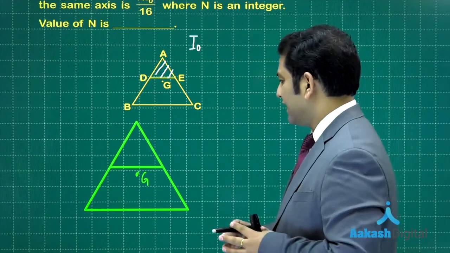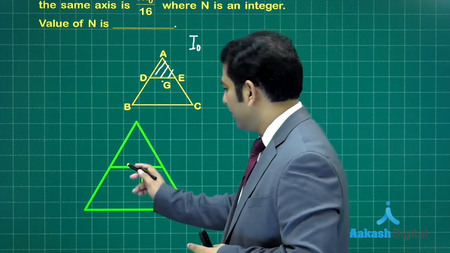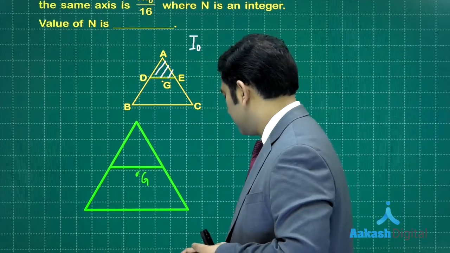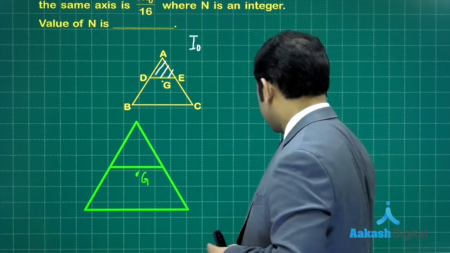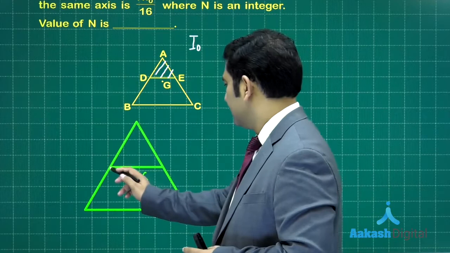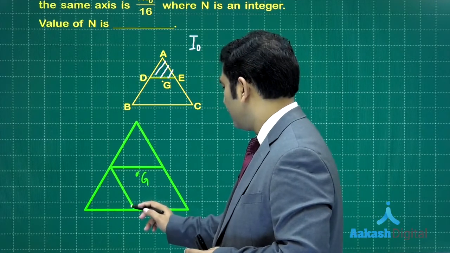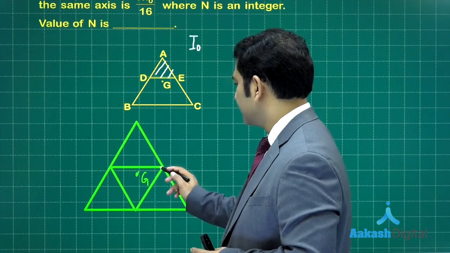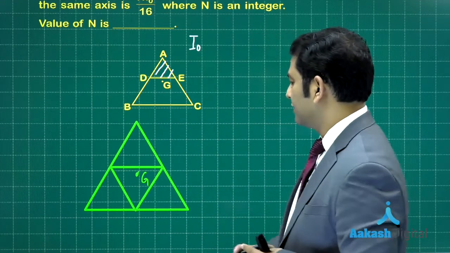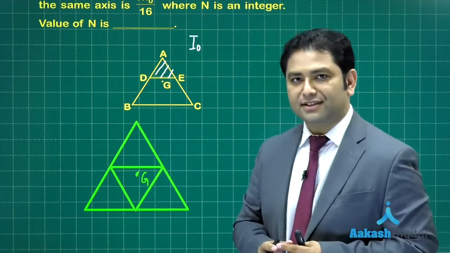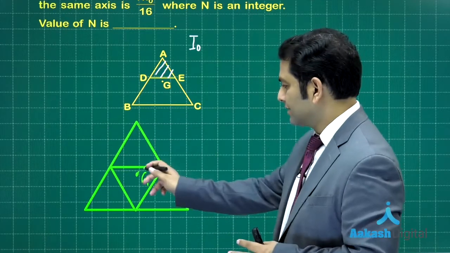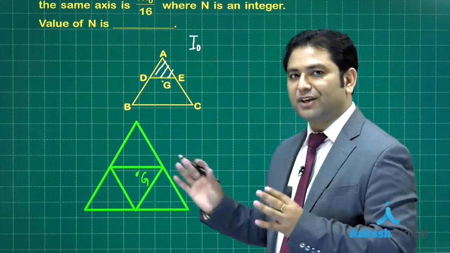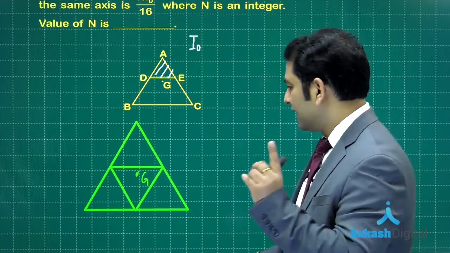In order to calculate the moment of inertia of the remaining portion, let me go with some additional construction as well. So I will make 4 identical triangles in this way. All these triangles would be identical in terms of mass distribution, not in terms of the positioning with respect to the axis. Now think very carefully.